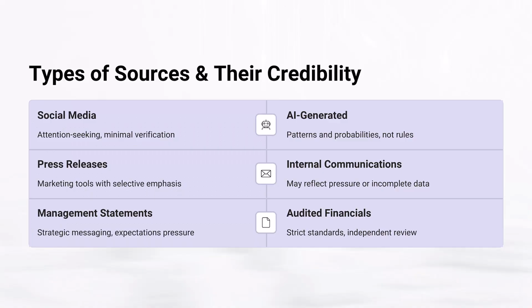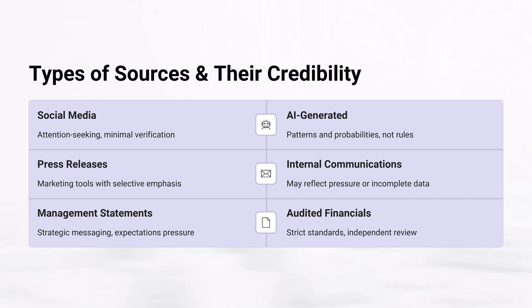Different types of sources can carry dramatically different levels of credibility. At the low end, social media posts are crafted for attention seeking with minimal verification. AI-generated content is based on patterns and probabilities, not accounting rules. It can sound confident while being completely wrong.